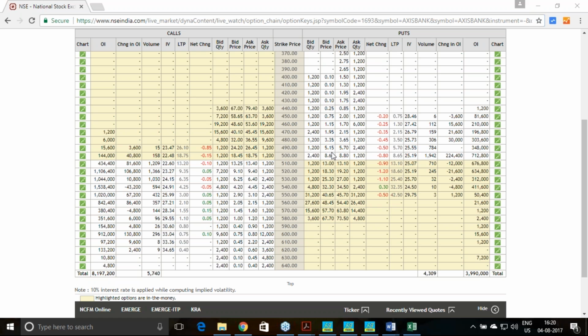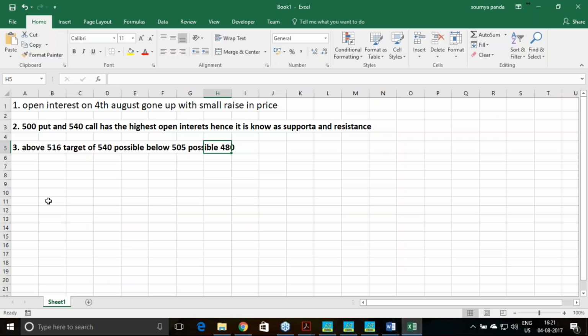Forward call also you can take. So if on Monday it is giving a breakout above 516, which is close to 510, you can think of it.